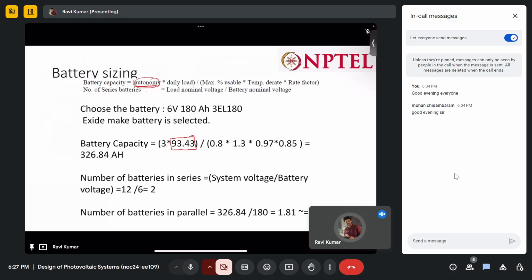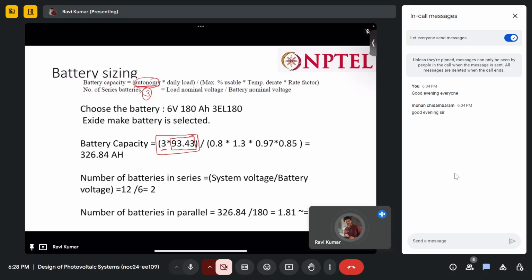We are assuming autonomy of three days. It means if there is no solar radiation for 3 days, our system should still work. If we multiply this daily capacity by 3, we get the ampere hour requirement of 3 days, or let's say the total requirement.